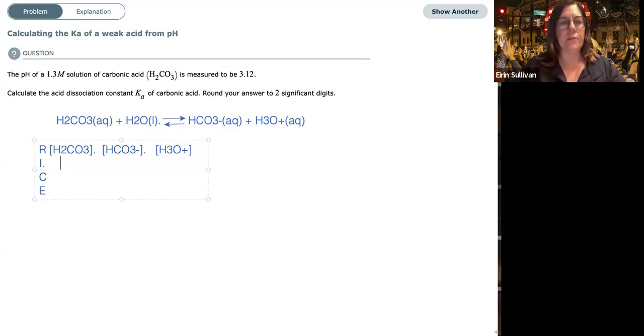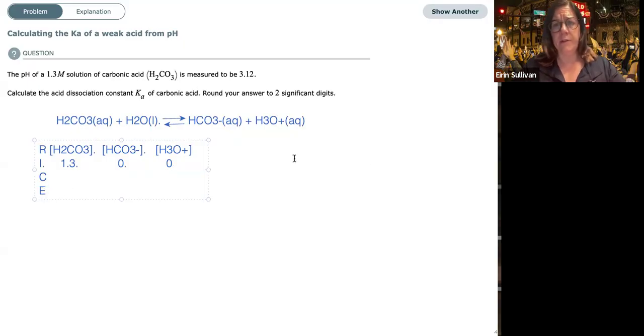So we know the initial concentration of carbonic acid is 1.3 molar, and we are starting with 0 of our bicarbonate ion and approximately 0, because of auto-ionization of water, concentration of the hydronium ion.